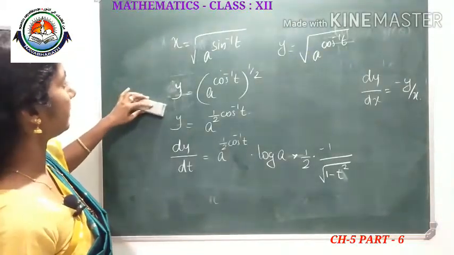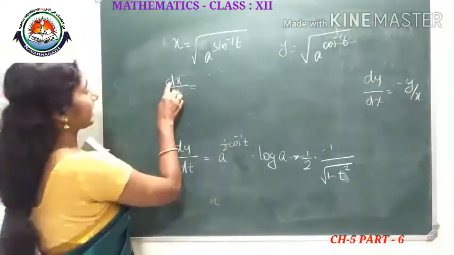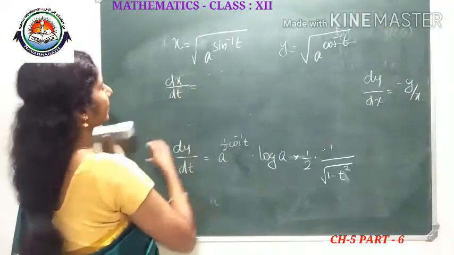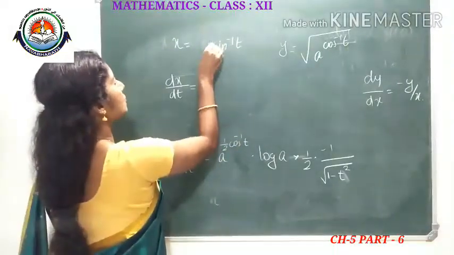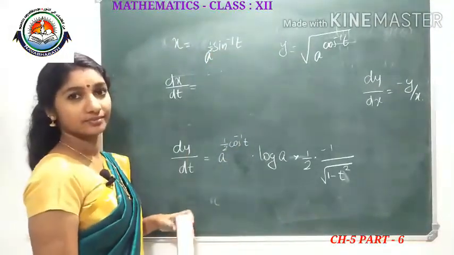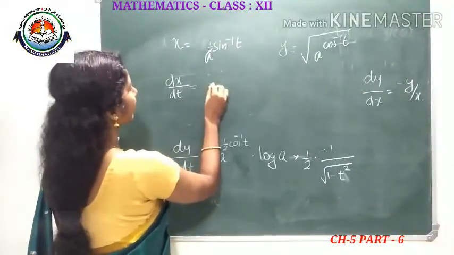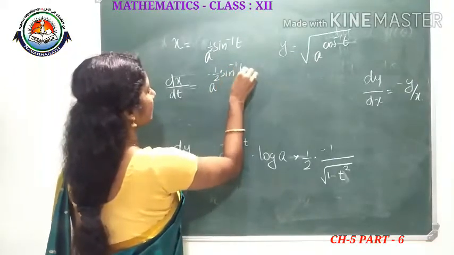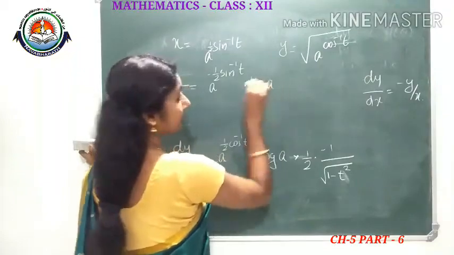Then we need dx by dt. So this much I am rubbing. Getting dx by dt, this one. Same way we can write this as a raised to half into sin inverse of t. So dx by dt is equal to a raised to half sin inverse of t into log a, the derivative of a raised to x we did.